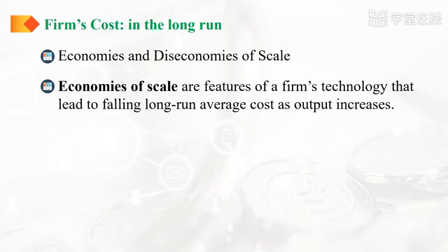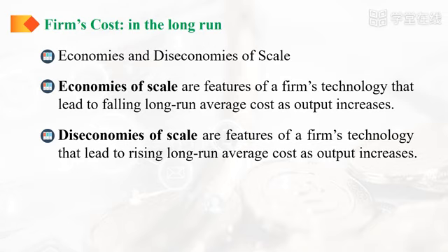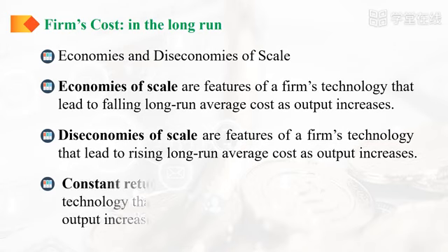Economies of scale are features of a firm's technology that lead to falling long-run average cost as output increases. Diseconomies of scale are features of a firm's technology that lead to rising long-run average cost as output increases.